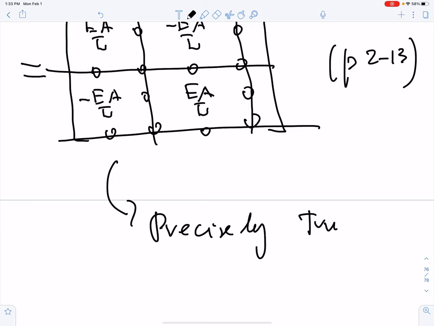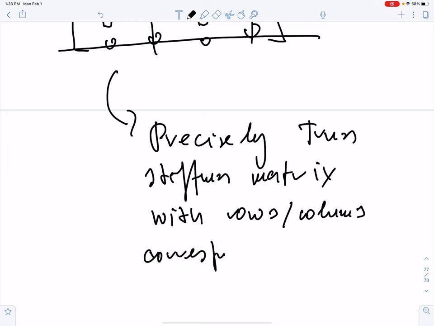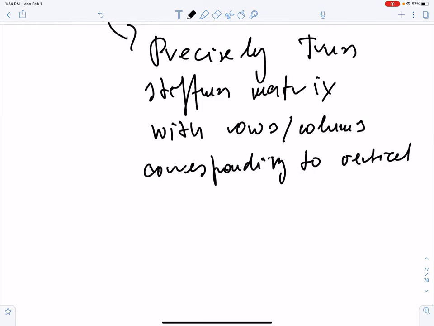So this is precisely the truss stiffness matrix with rows or columns corresponding to vertical displacement removed.